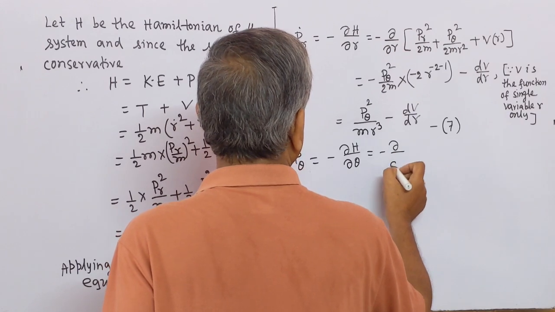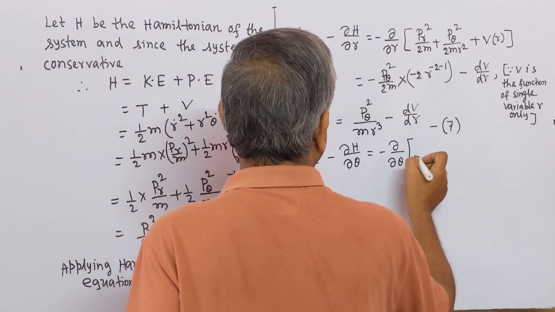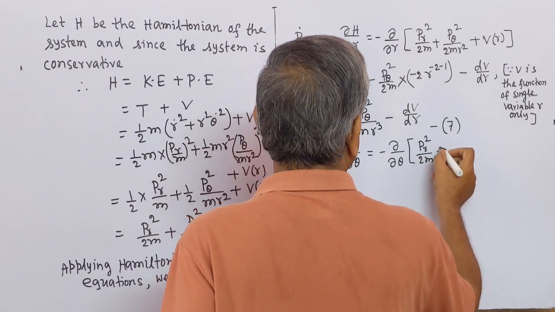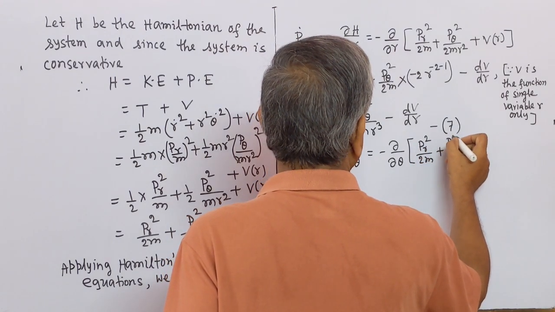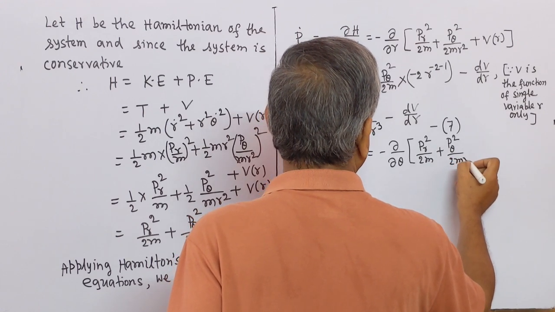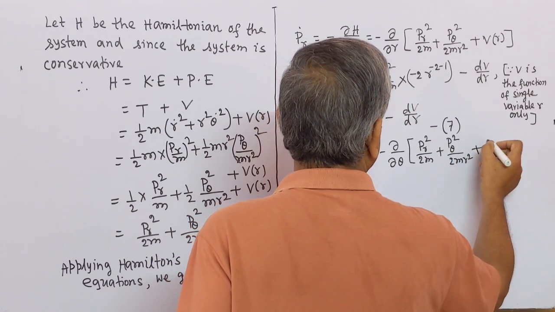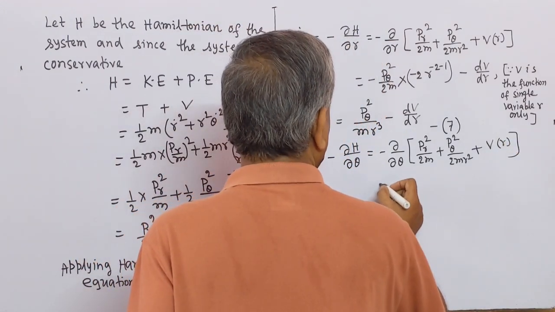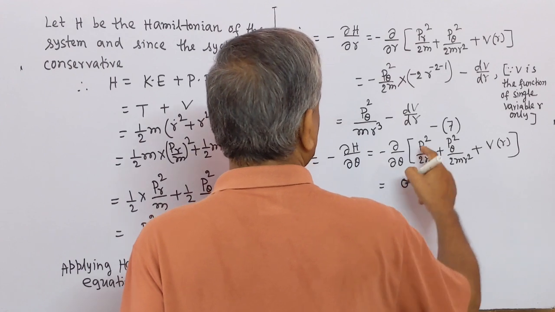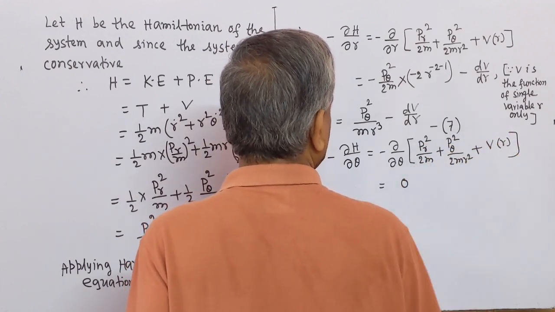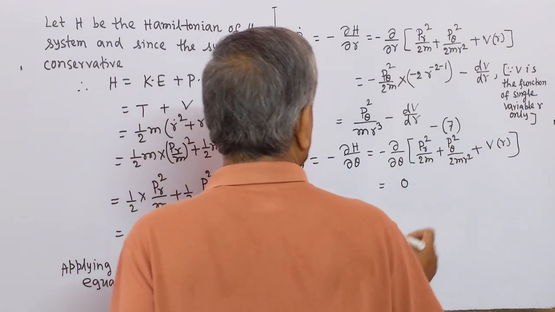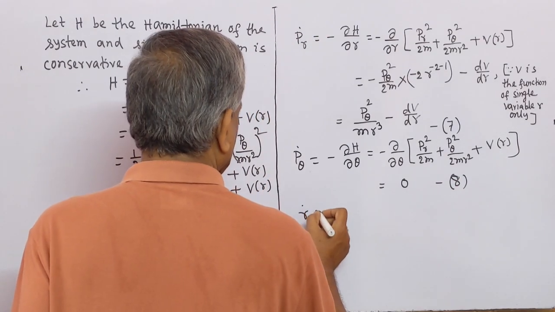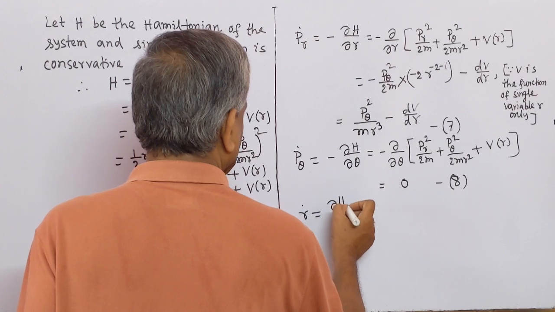Here H is Pr square by 2m plus P theta square by 2m r square plus V, which is the function of r, and this will be 0 because we have no terms containing theta. This is number 8.